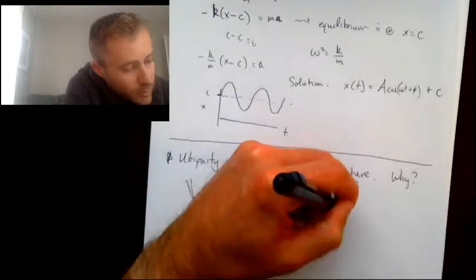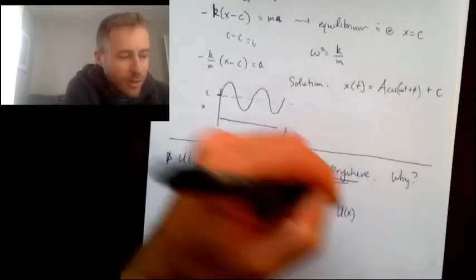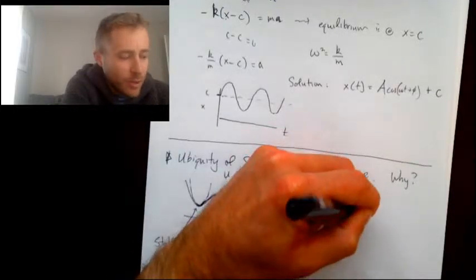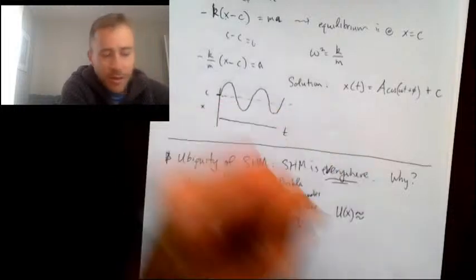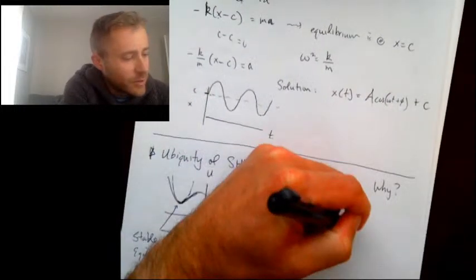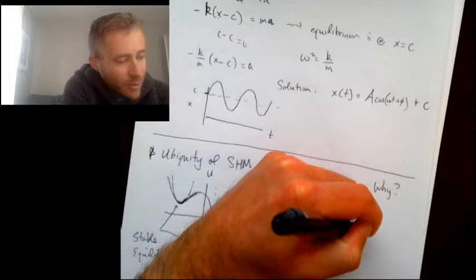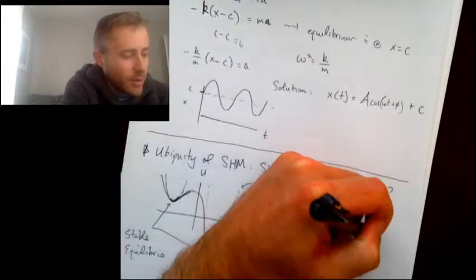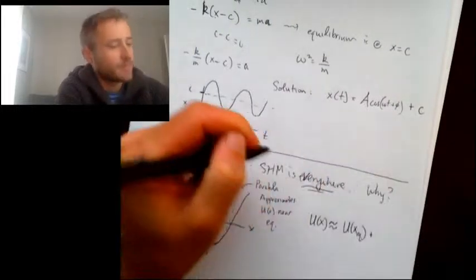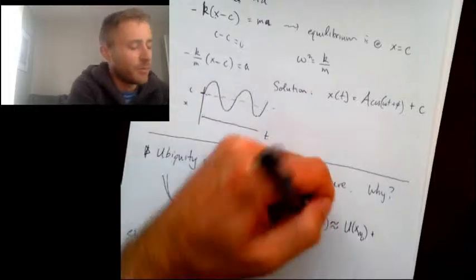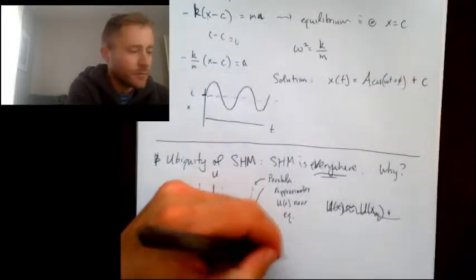So the approximation is, near an equilibrium, we can approximate u of x as u evaluated at the equilibrium plus... I'm going to need more space, I'm going to write this on a different line.